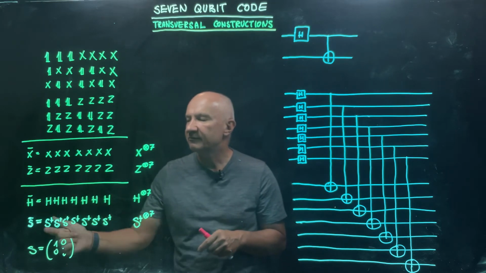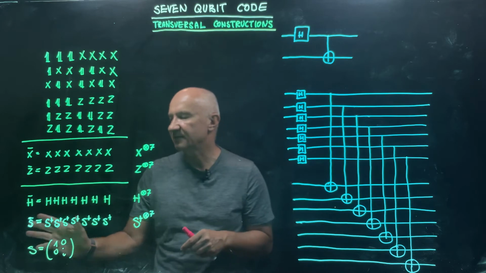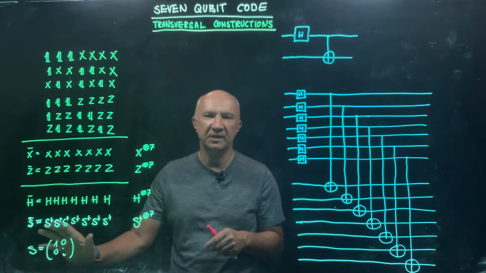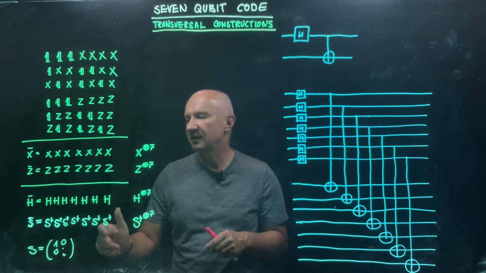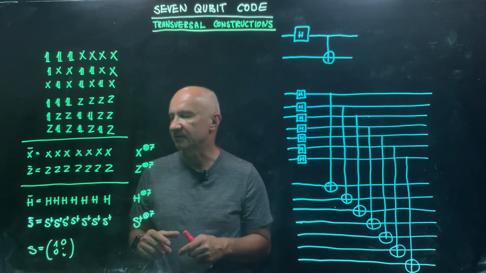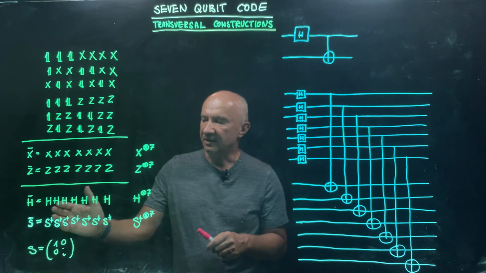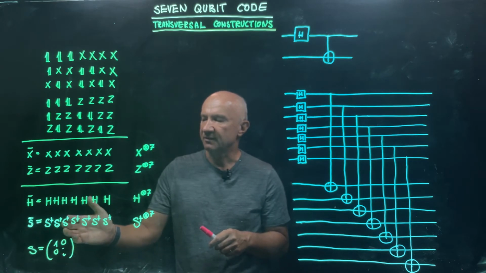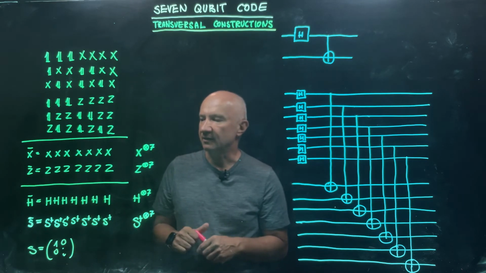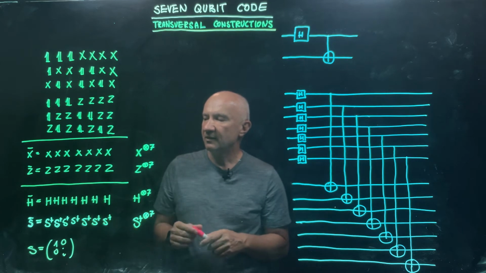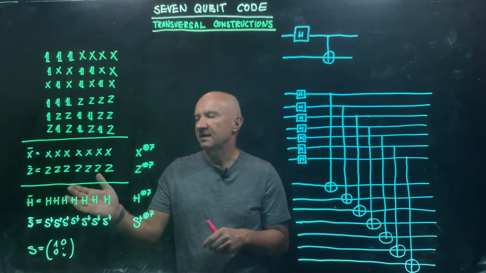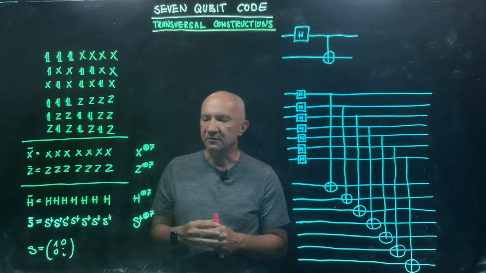And if you take our phase gate, S, just don't be confused, sometimes I use S for the elements of the stabilizer, but we are going to the gate notation here. So S is our phase gate, the gate that is described by the matrix, which has 1 and i on the diagonal here. So the S gate likewise can be nicely implemented by applying, in this case, S dagger to every single qubit.